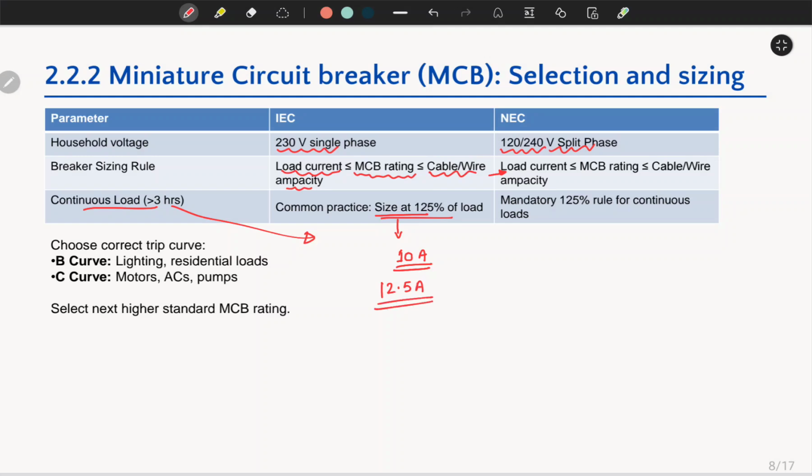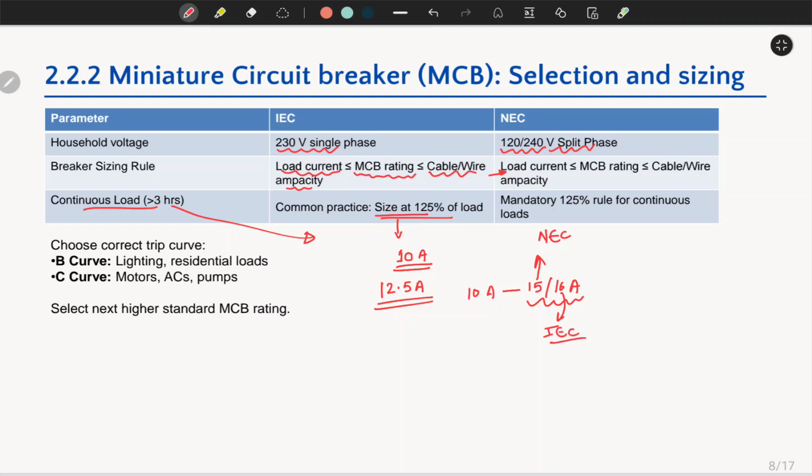Okay, so in the market, the general current ratings available for MCBs are either 10 ampere, 15 or 16 ampere. So we will be selecting which type of MCB, 15 or 16 ampere. 15 is in the NEC, 16 is in the IEC standard.